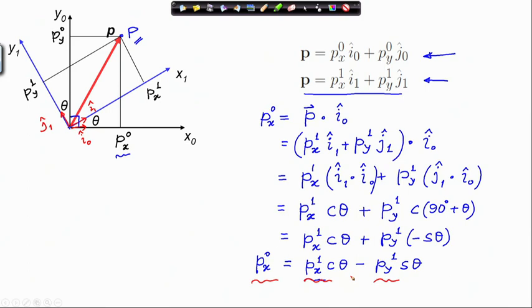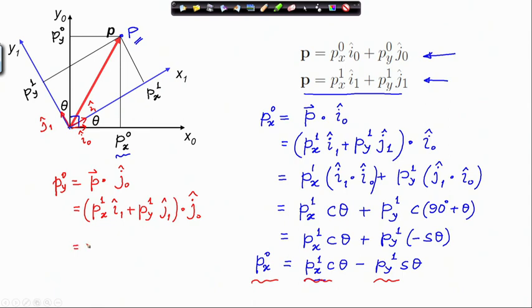Now, following this procedure, I can also find Py0. The procedure remains the same. I must have Py0 as P dot j0 cap, and then once again I use the representation in frame 1, carry out the dot products, write out the angles between the unit vectors, and I will get a second relation.